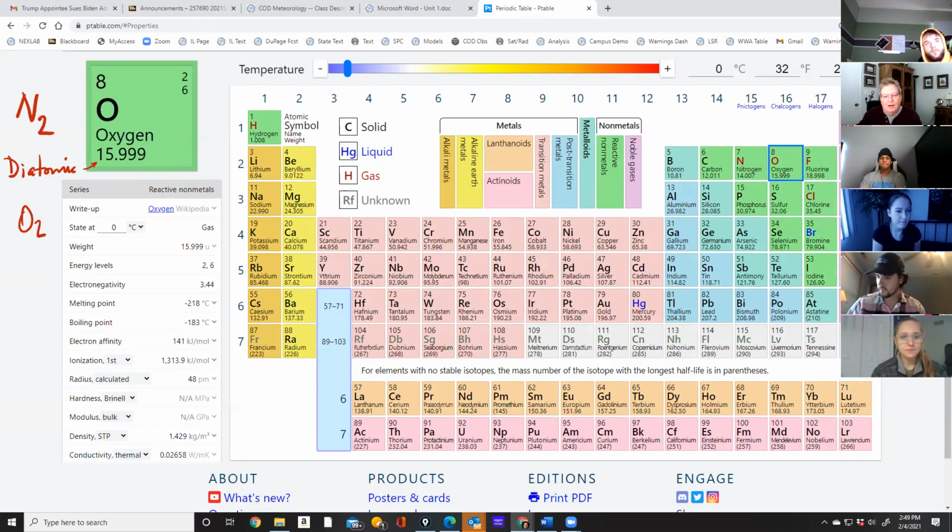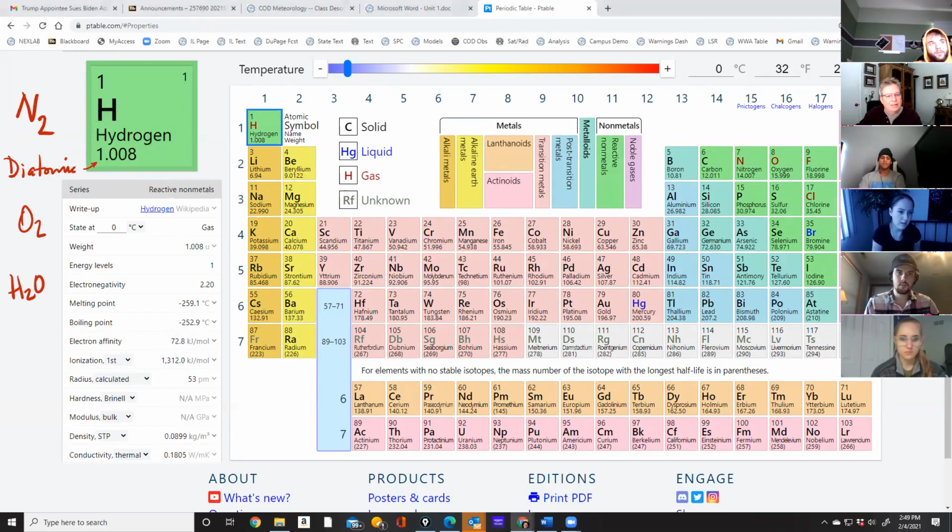Okay, now we also have water vapor, H2O. How much does hydrogen weigh? 1. So there's 2 of them, that's 2. And then oxygen weighs 16. So how much does water weigh? 18. Okay, that's how that works.